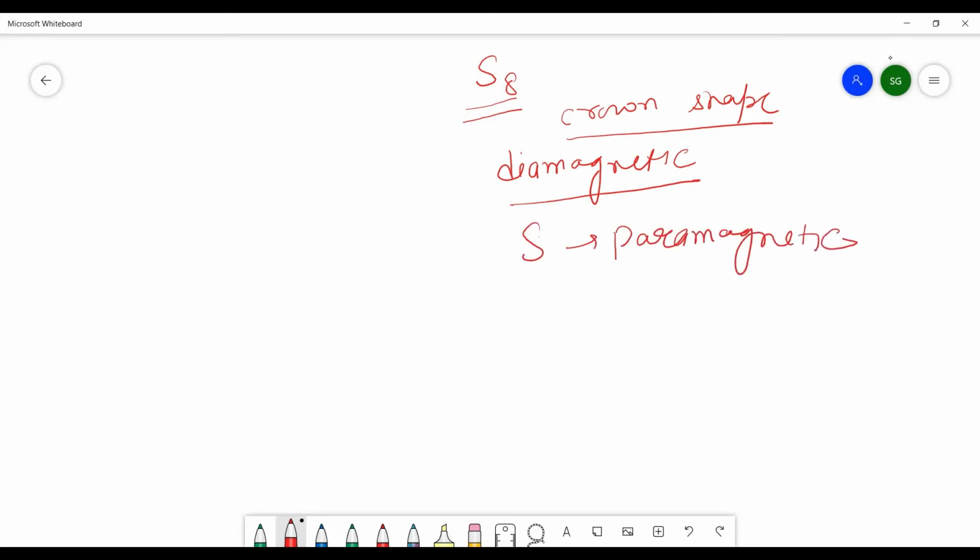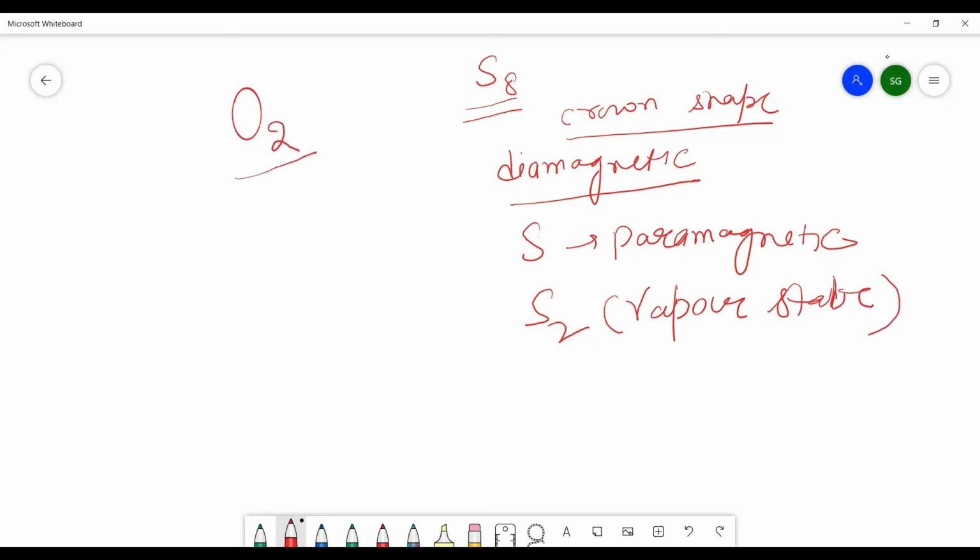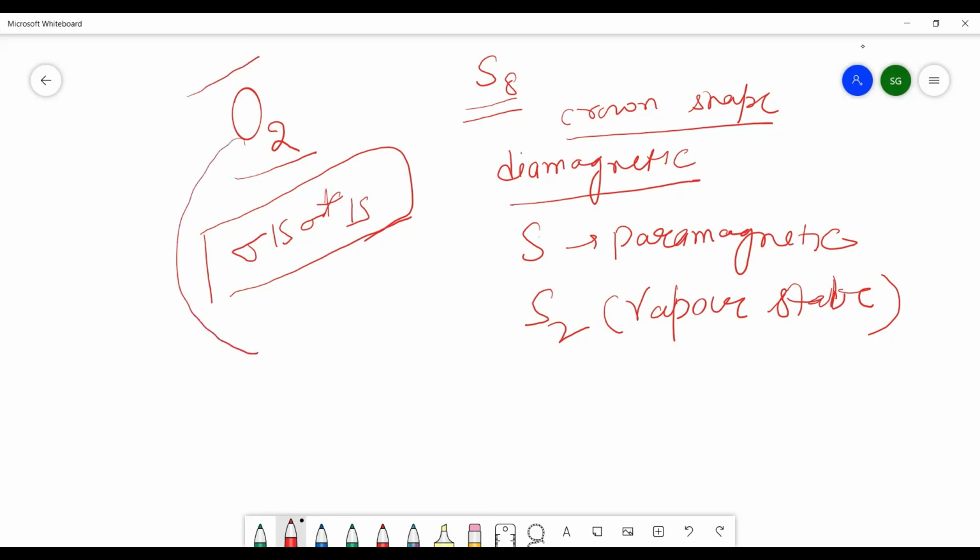The sulfur is paramagnetic in nature in S2 form, which can appear in vapor state like O2. As from the 11th standard, you have done the sigma 1s, sigma star 1s, this kind of energy level diagram, energy level sequence regarding the molecules in MOT theory. So in O2 molecule, the two unpaired electrons are present in the anti-bonding molecular orbital.